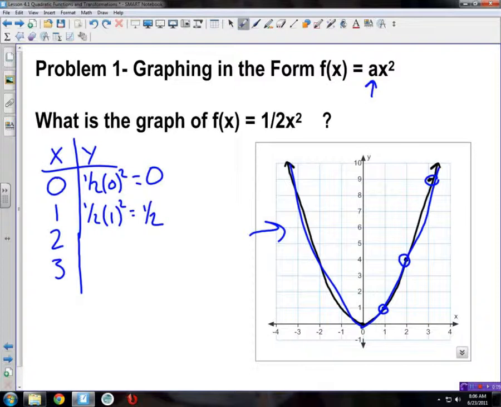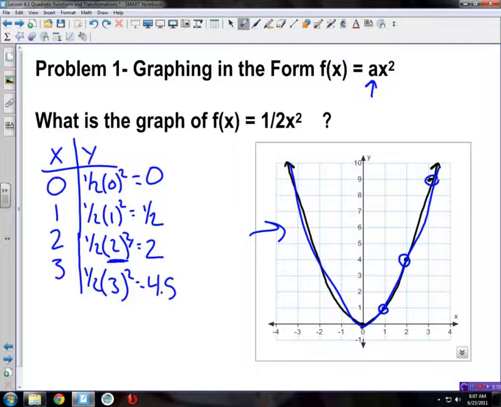Plug in 2, we get 1/2 times 2 squared. Now remember, we need to do this operation here first. So 2 squared is 4, half of 4 is 2, and last is 1/2 of 3 squared, which is 9, and 1/2 of that is 4.5.